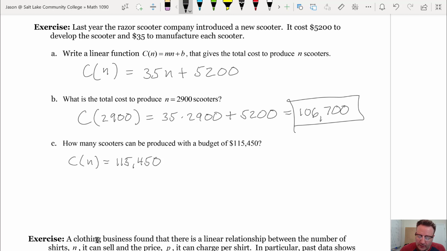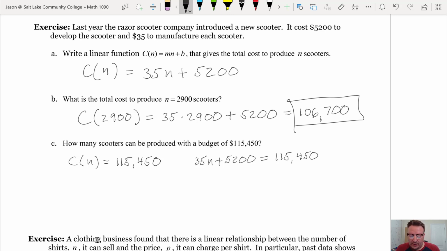So really what I want to solve is this equation, 35n plus 5,200 is equal to 115,450. And if I solve this equation, it's going to give me n, the quantity, the number of scooters that we can produce given that budget.